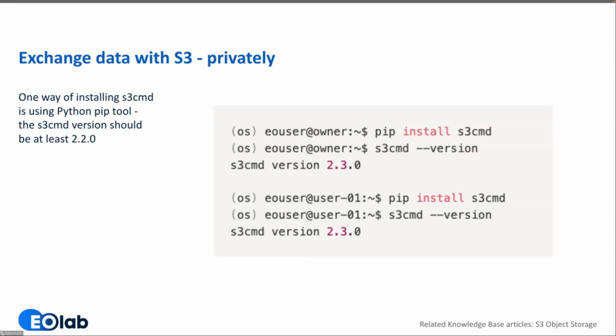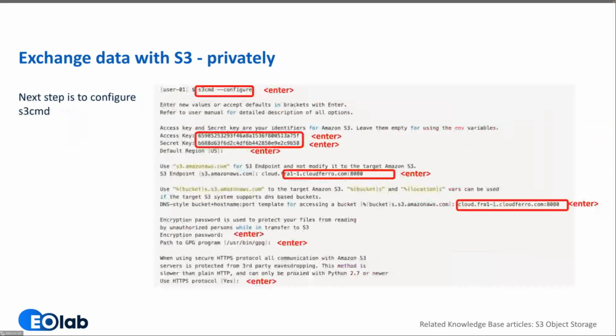In this case, this shows that both owner and user one install S3CMD. And then the next step, both of them should configure S3CMD. These are the steps to configure: put in the access and secret keys, the S3 endpoints and other settings. Just press Enter to confirm that these will have some default values.